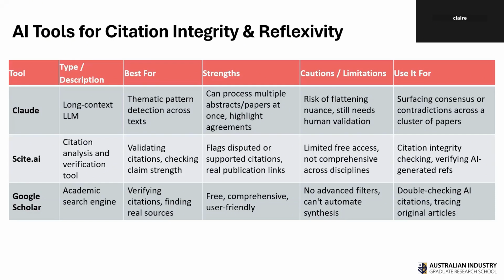So you could input a data set, you could input literature and ask it for thematic patterns. And again, thinking about your prompt and being really clear on what your boundaries are and what exactly you're looking for. You could ask it to give thematic patterns based on tensions, contradictions, whatever it is specifically.